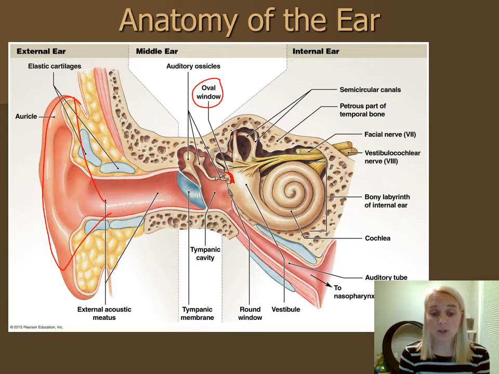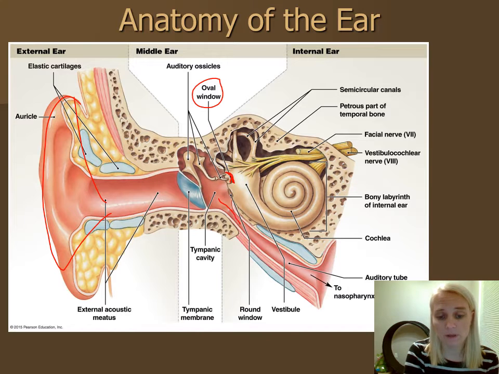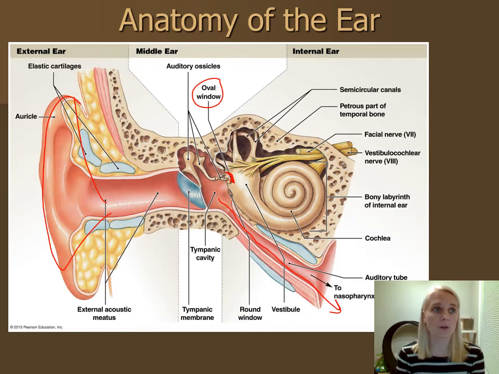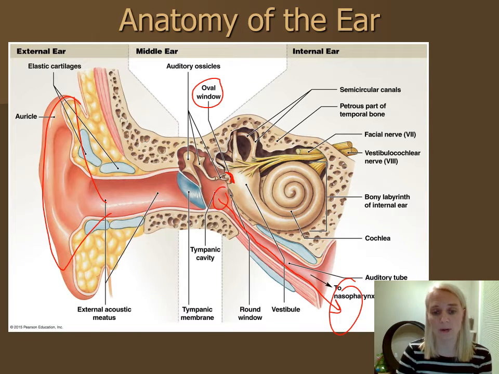And then in the internal ear, let me back up real quick. One other structure that we have in the middle ear is this pathway called the auditory tube. Sometimes it's called the pharyngotympanic tube, or sometimes the eustachian tube, and it opens up into your nasopharynx. The pharynx is the back of your throat. So we do have a connection from our throat opening to our middle ear opening.